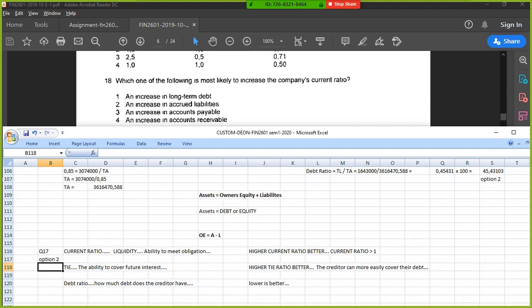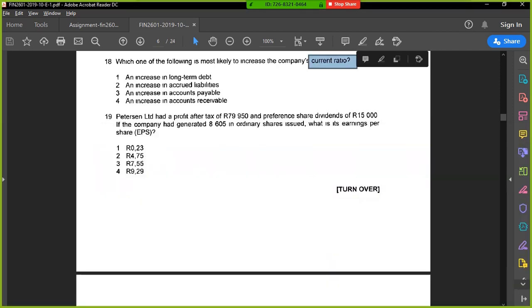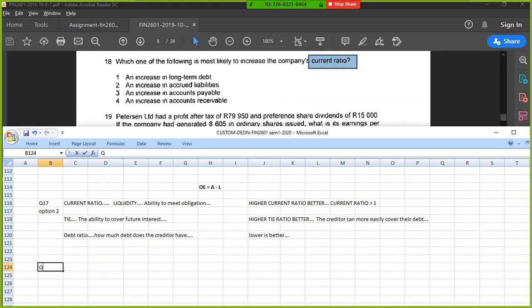Okay, 18. This is theory that you could probably answer. Remember the tip: as soon as you see a ratio, you write down the formula. What is the current ratio? That one you should even know. That's the easy one. It's current assets over current liabilities. Correct. Good.